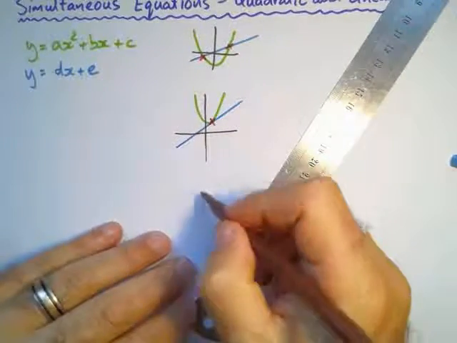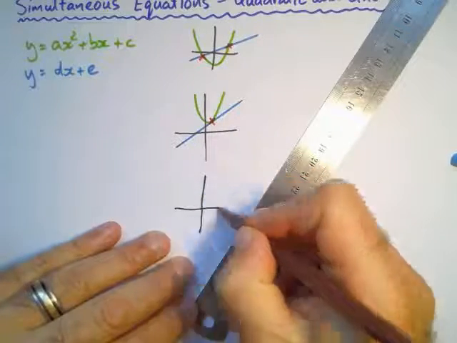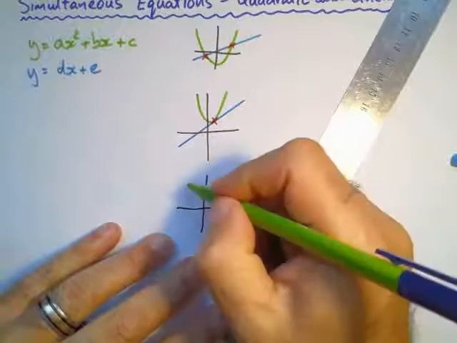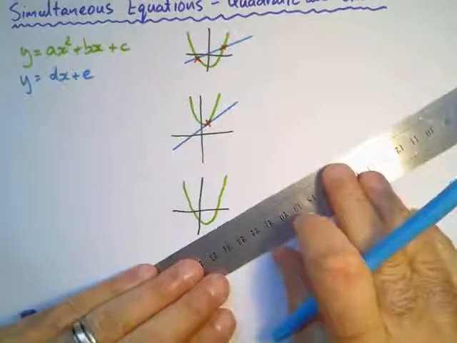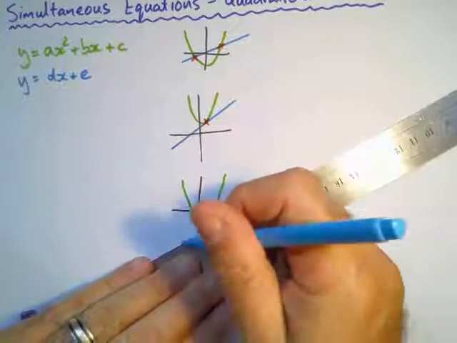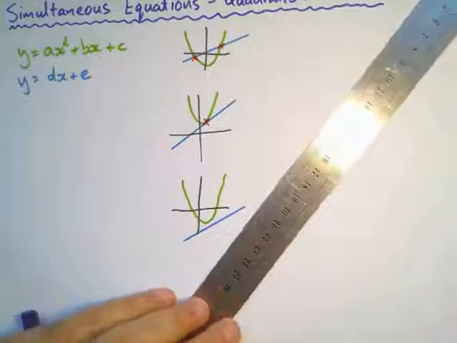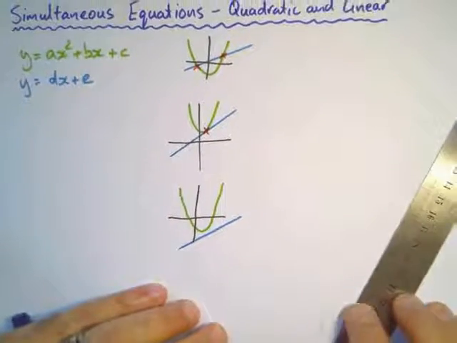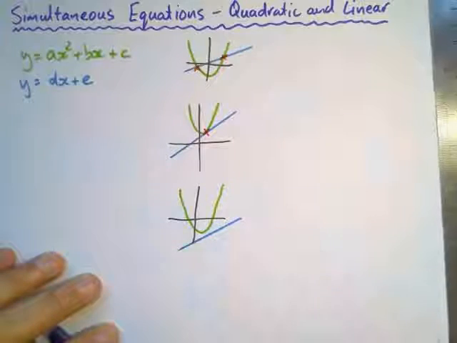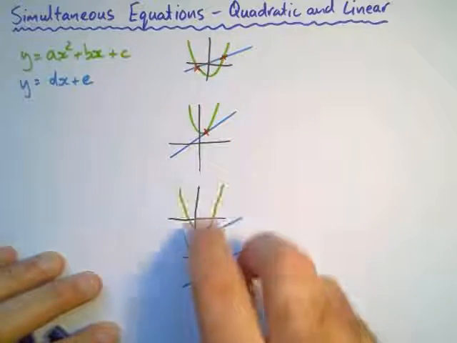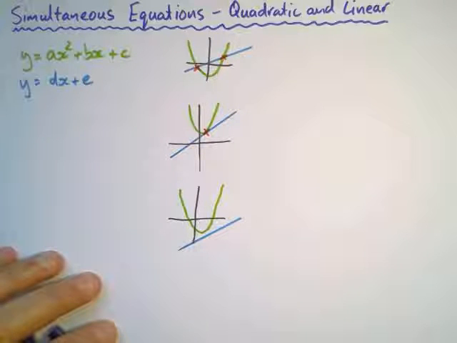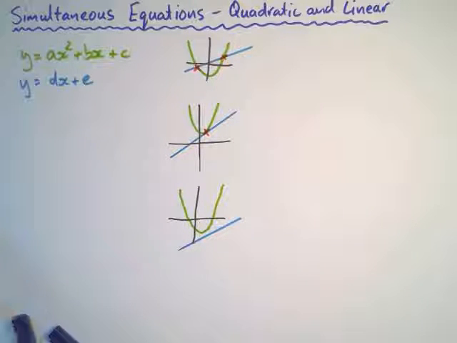And the third option is that there's no solution, because my straight line is missing it altogether. So there's no intersection. That's the three options that can happen with simultaneous equations. We wouldn't know which. So how would we solve simultaneous equations?